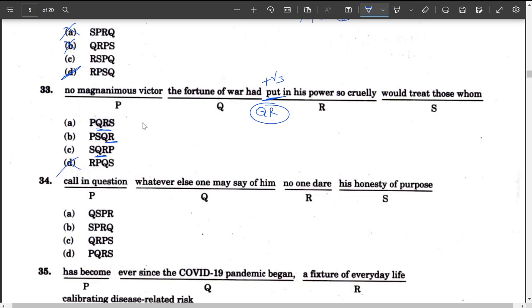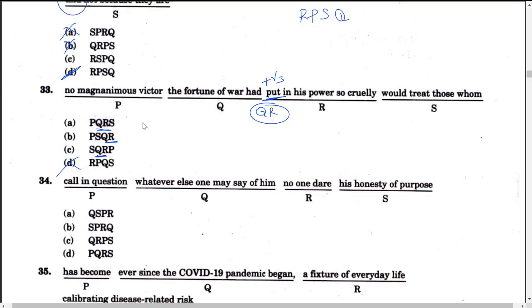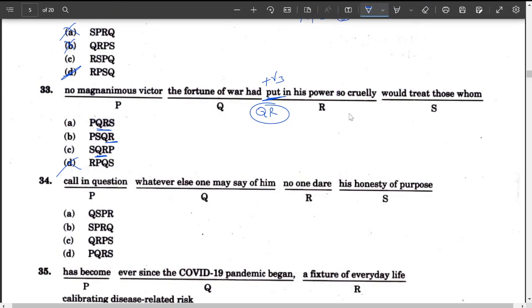Let us check with this. The fortune of the war had put in his power so cruelly. That comes as the ending, right? No magnanimous victor would treat those whom the fortune of the war had put in his power. So we can go with P and S one combination, PSQR. That is the B option we can use.